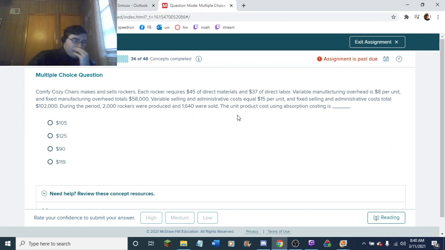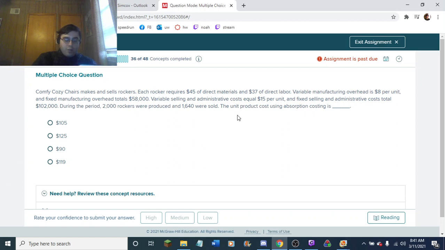So what you do is, you don't need variable stuff because it's an absorption cost. So you add direct materials, direct labor, and overhead.